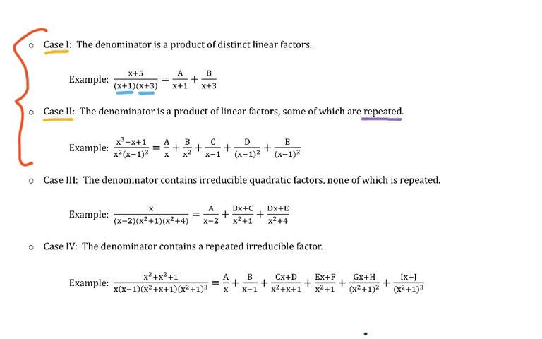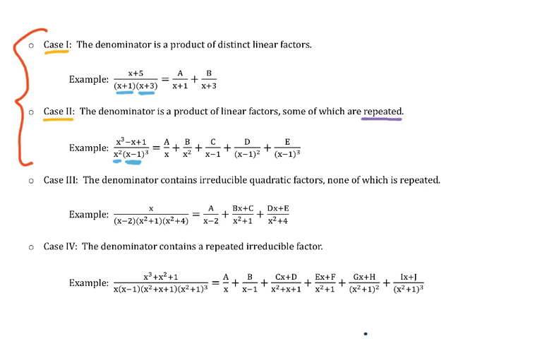So you can see that the original denominator in this example has x squared, which we view as really x times x, right? So it's the product of linear factors still. And then we have the x - 1, again a linear factor, but it's being cubed, so that's another repeated factor.